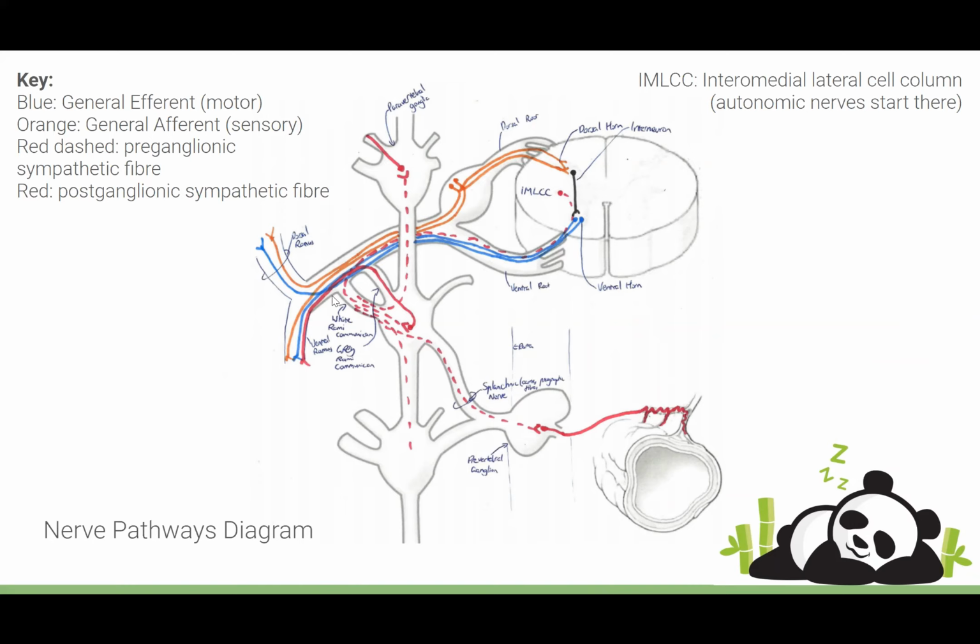The preganglionic ones for your splanchnic nerves go straight from your spinal cord, all the way past that sympathetic trunk into your ganglia, which are in your abdomen by your aorta. And that's where they synapse at the prevertebral ganglion to the postganglionic, which then travels along the blood vessel. Does that make sense?